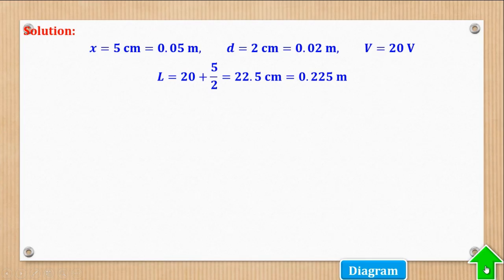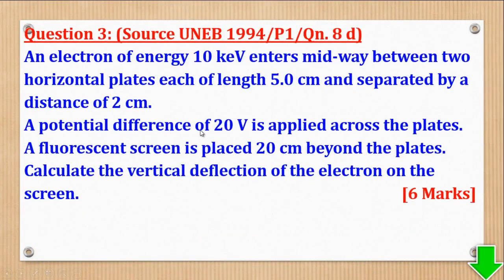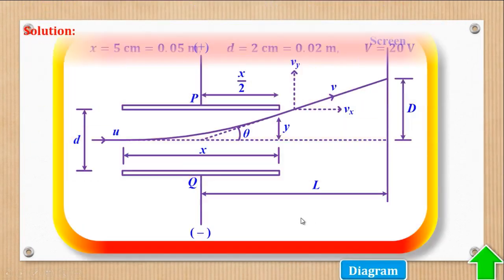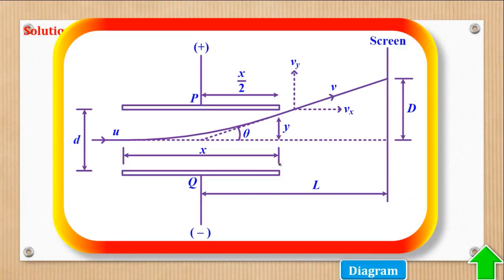Now, why do we say that? Let's first go back in the question. Here, when they talked about 20, the fluorescent screen is placed 20 centimeters beyond the plates. I think we see that word, beyond the plates. That means that the 20, if you go to this diagram, starts from the end of the plates here up to the screen.